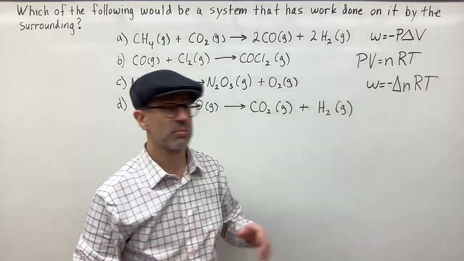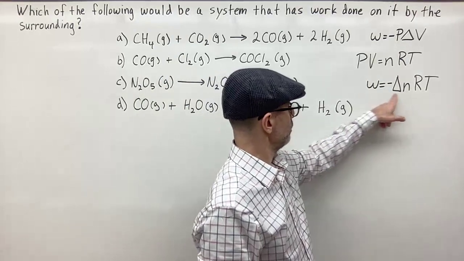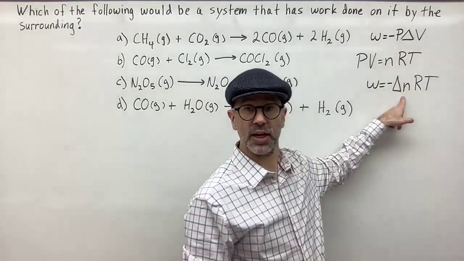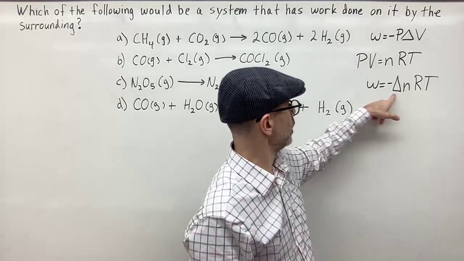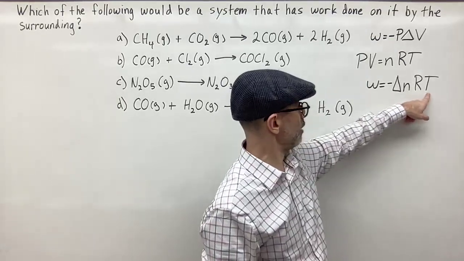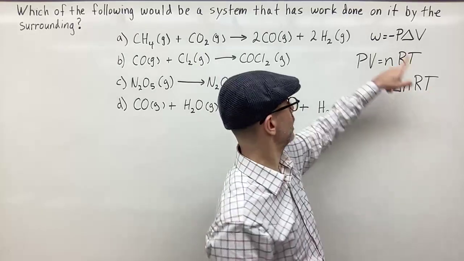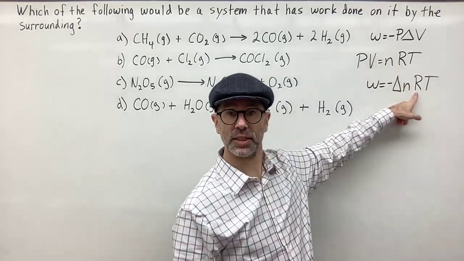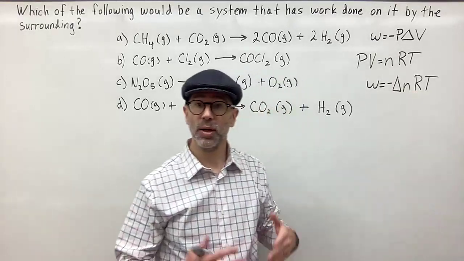Since the change in volume can be affected by the change in the moles, especially if temperature is constant and pressure is constant, and of course R is constant, moles and volume will be proportional.